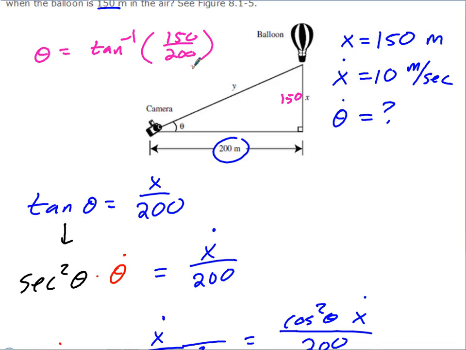Including cosine, right? So if I just fill in the blanks, I've got 150 and 200, and all I have to do is find the hypotenuse, which is easy to do. 250, because we just got a 3, 4, 5, don't we? It's 3, 4, 5 times 50. So this is just 250, we get nice clean ratios.